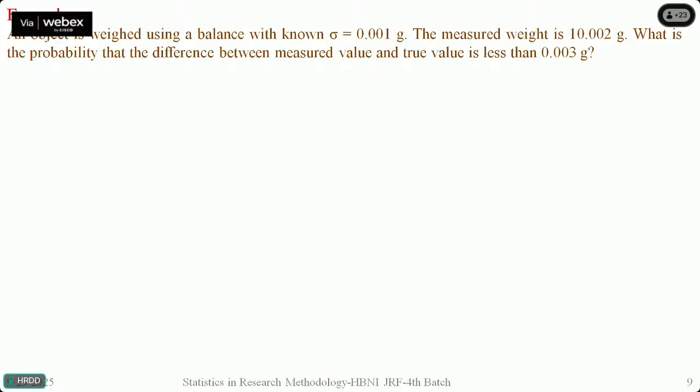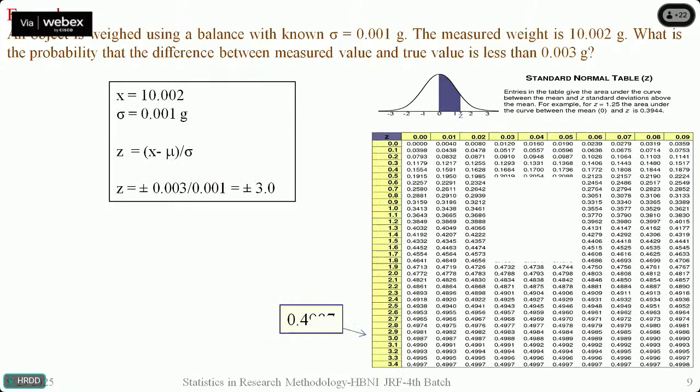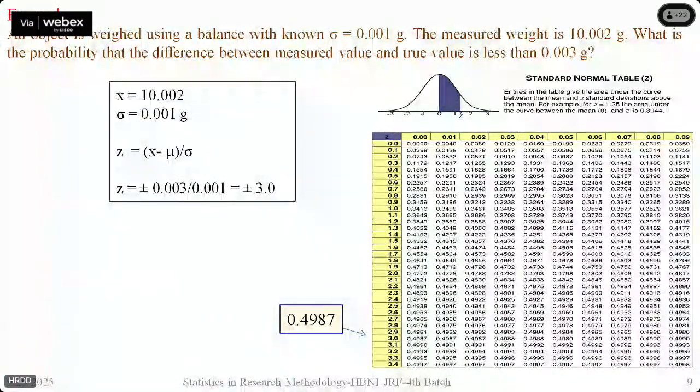If you want to find the probability that the difference between the measured value and the true value is within a defined range, first calculate Z, then go to the table and take out the area corresponding to that value of Z.